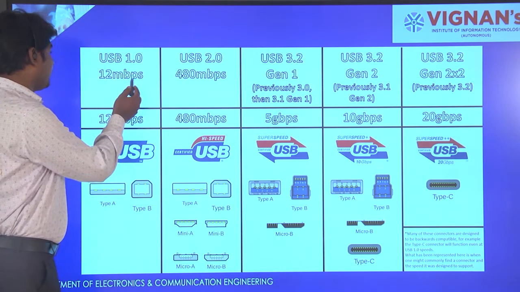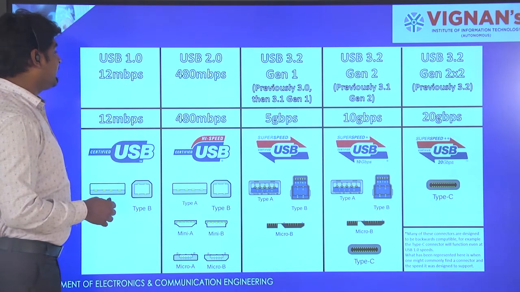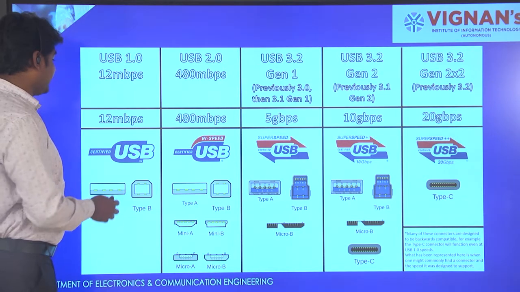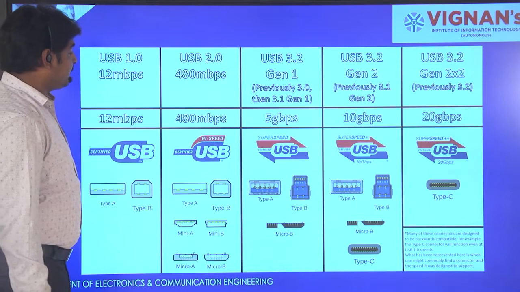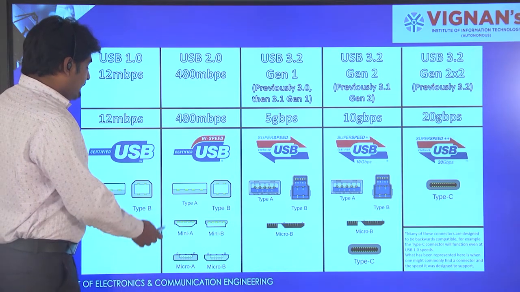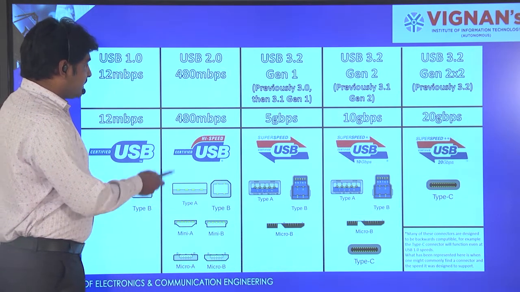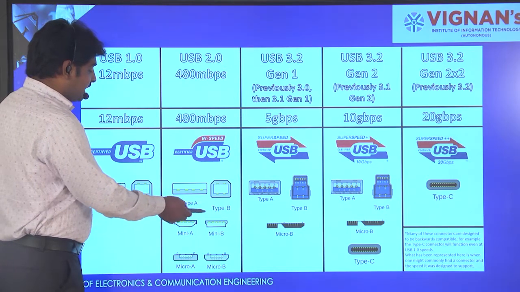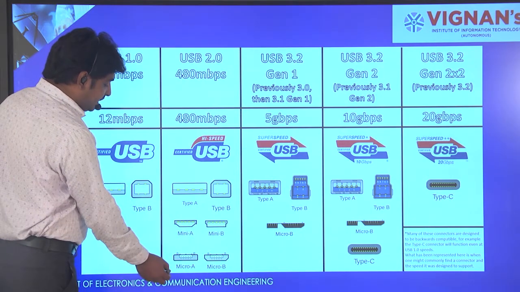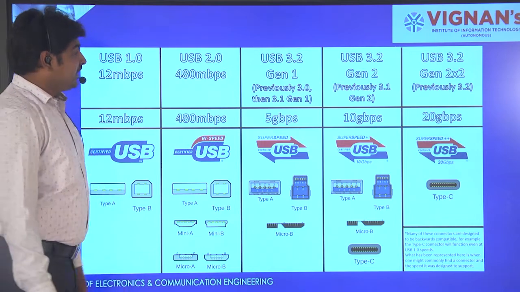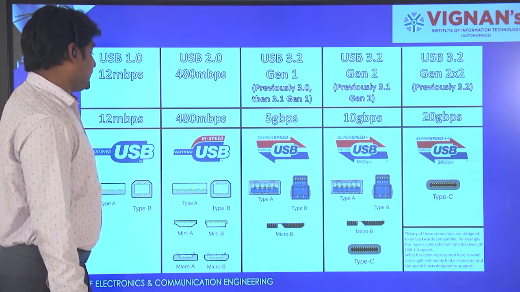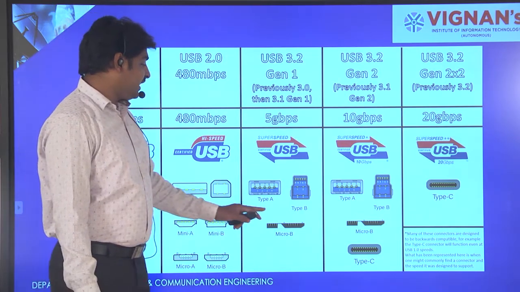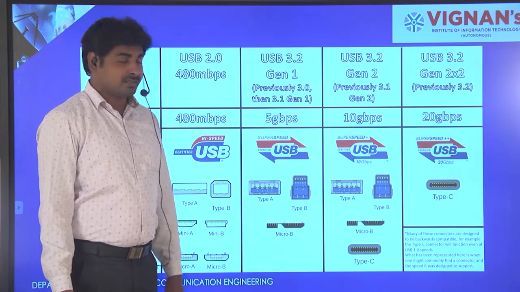USB 1.0, which can transfer data at a rate of 12 megabits per second, only consists of type A and type B. For USB 2.0, the connectors that can be used are type A, type B, mini A, mini B, micro A, and micro B. Similarly, USB 3.0 can be connected to type A, type B and micro B connectors.